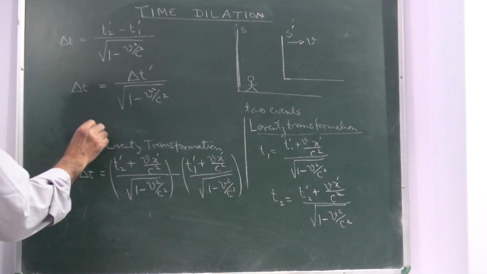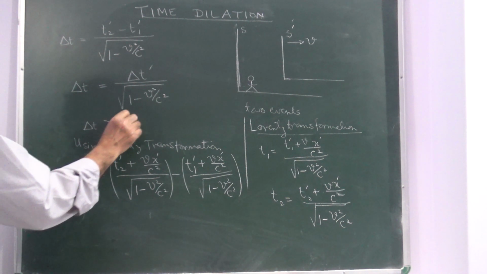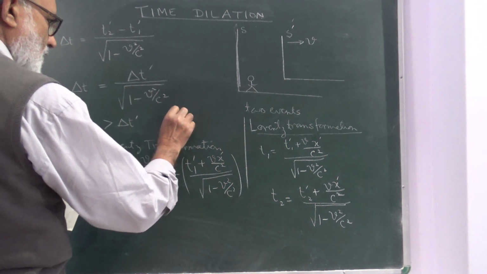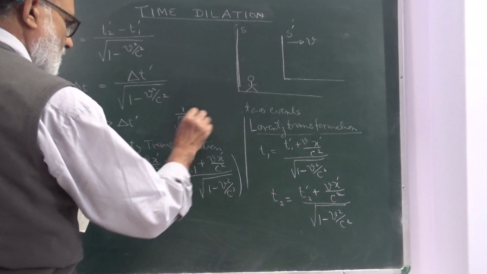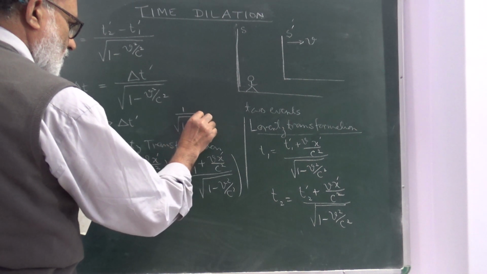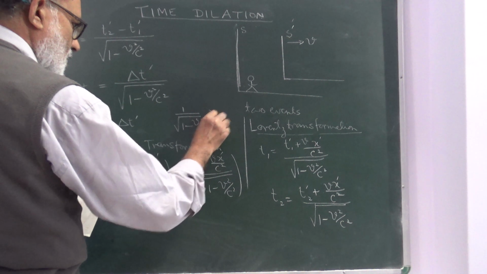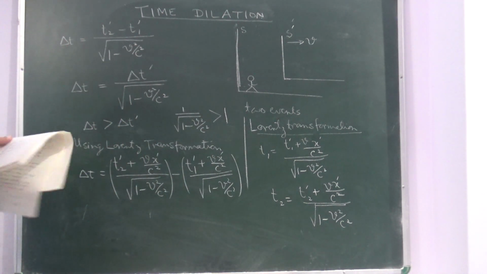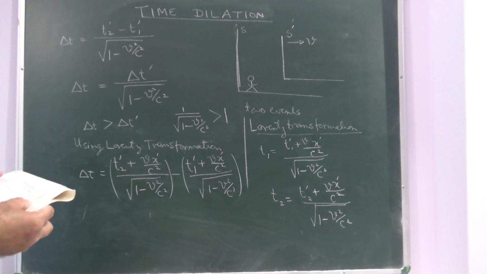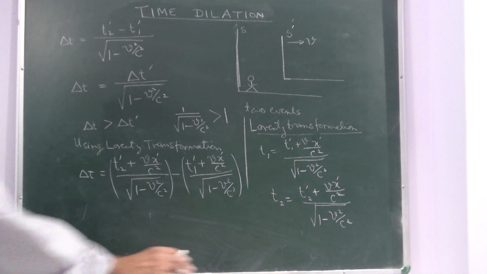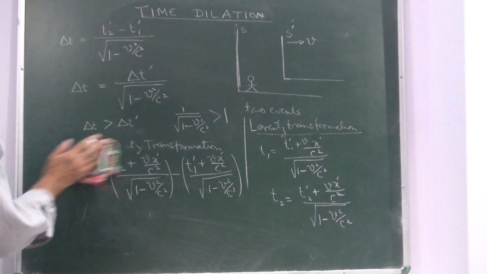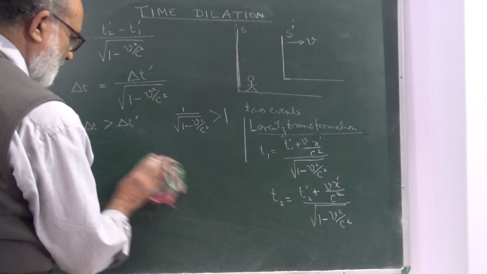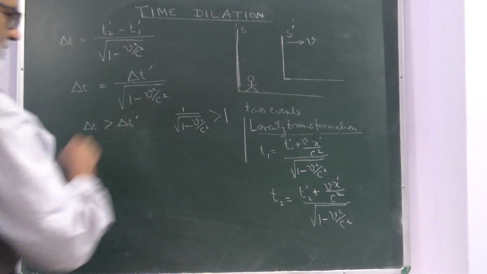Obviously delta t is greater than delta t dash, since 1 by root of 1 minus v square by c square is greater than 1. So this quantity is greater than 1. So what does this mean? This means that the time is dilated.